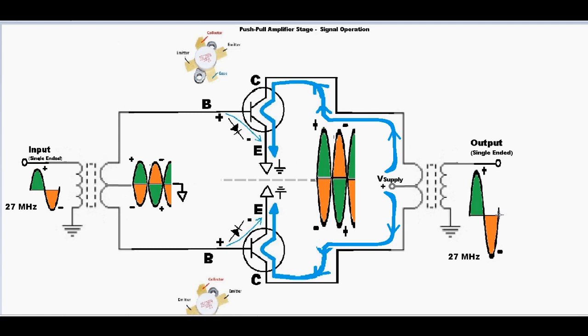And then the combination of many of these two-stage push-pull, this is called push-pull amplifier stage. The combination of more of these stages adds their power together because they're operating in synchronization. They have to be operating in sync so that their powers are adding from all these stages.